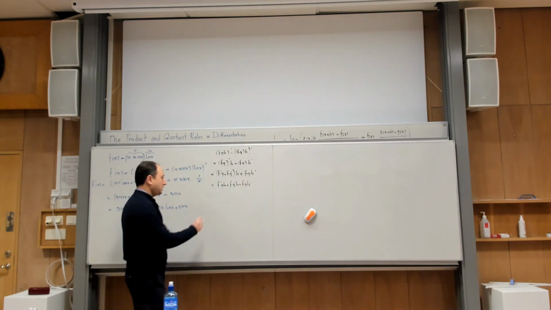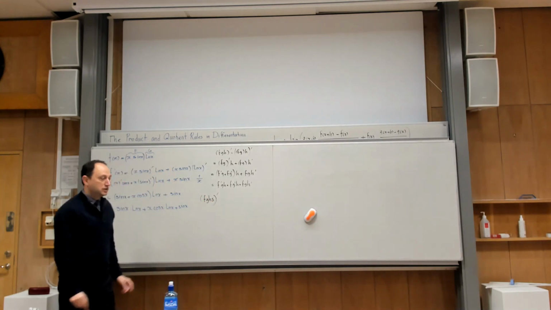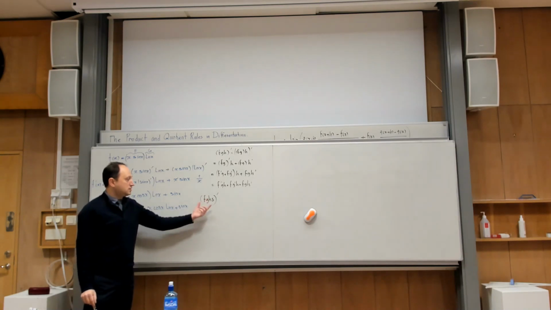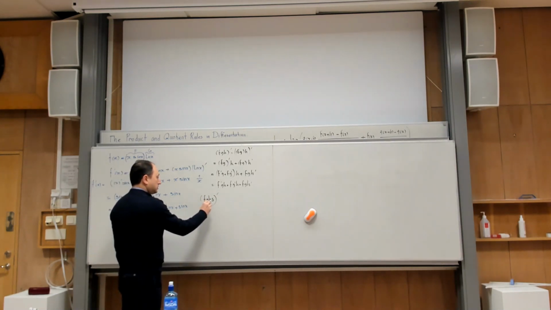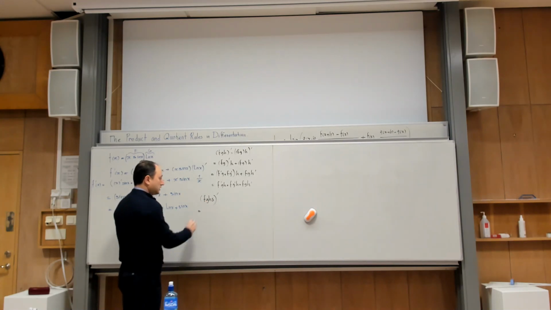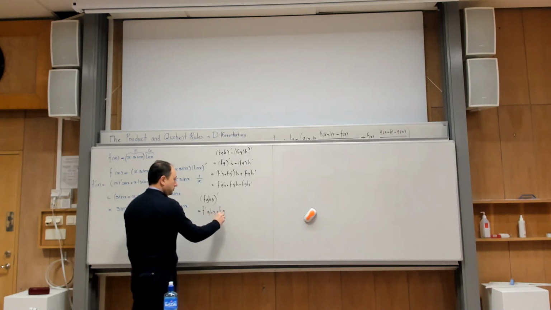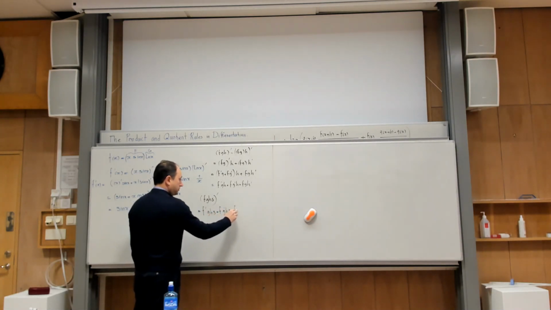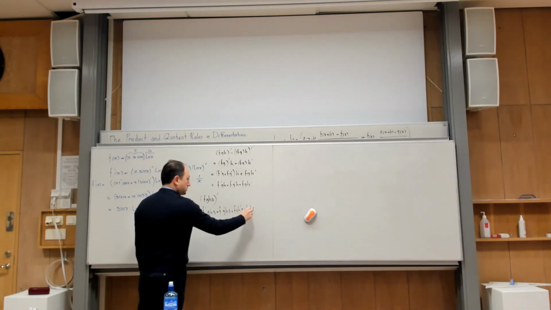So then I think that now you can guess if I have more than 3 functions involved. What is your guess for the answer? f, g, h, s, all of them are multiplied, and I am interested in the differentiation. So what happens for this product? It becomes f prime, but everything left alone, plus f g prime h s, plus f g h prime s, plus f g h s prime.